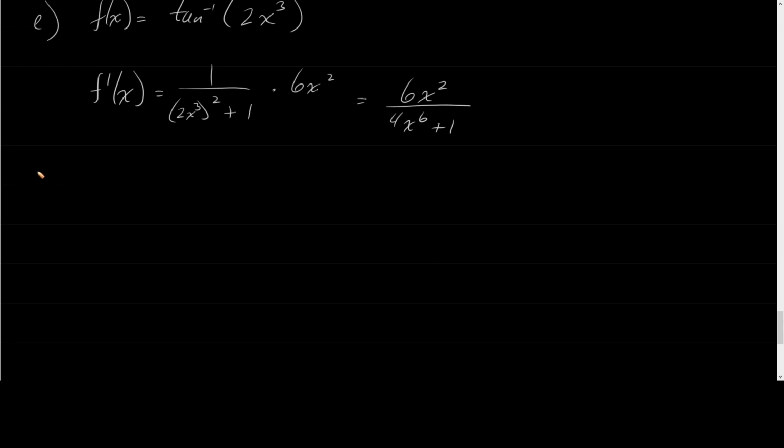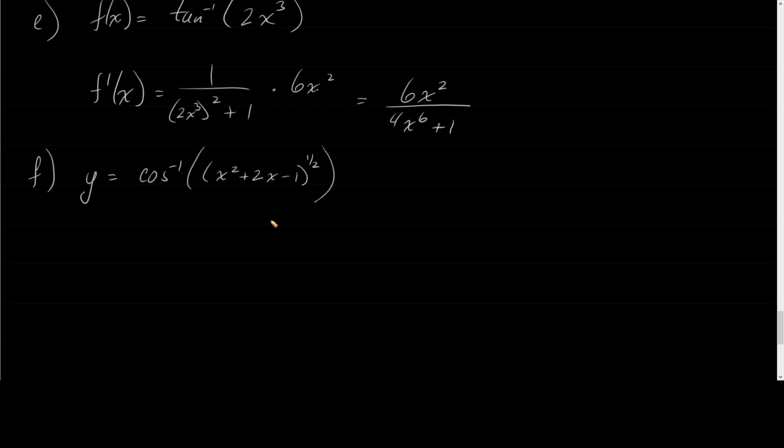F. Let's say that I have y is equal to cosine inverse of x squared plus 2x minus 1, to the 1/2. So I have cosine inverse of that. Let's see what this gives us. This entire thing is our u.